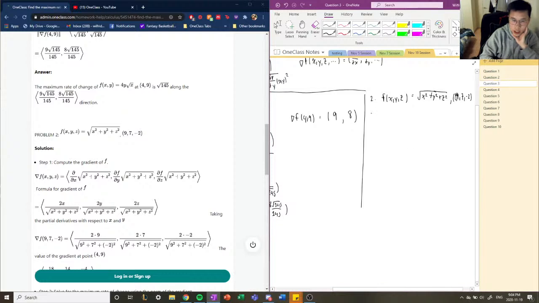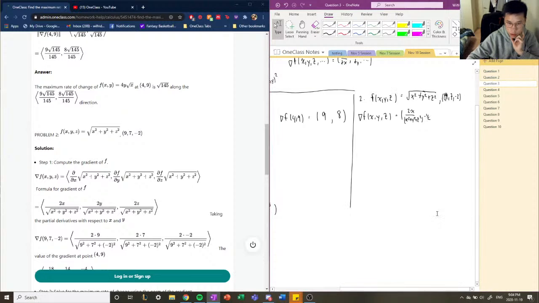So first of all, you need to calculate our gradient. So the gradient of f(x, y, z) is the partial derivatives with respect to x, y, and z in that order. Okay. So the partial derivative with respect to x would be 2x divided by x squared plus y squared plus z squared to the power of negative one half.